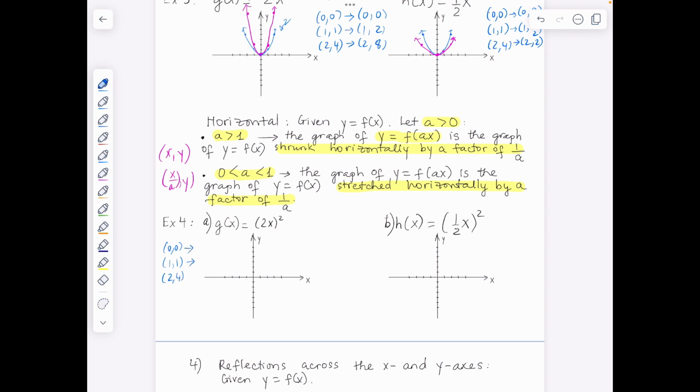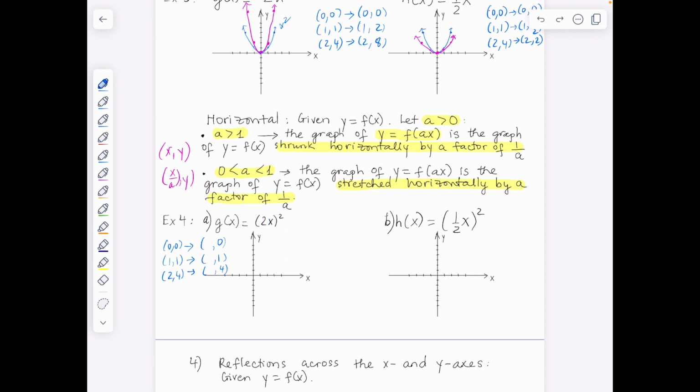Let's transform those. We're going to keep all the y coordinates the same. And with the x coordinates, we're going to divide by the constant a, which here is 2. So divide by 2. That is going to be 0 divided by 2 is 0, 1 divided by 2 is 1/2, 2 divided by 2 is 1.